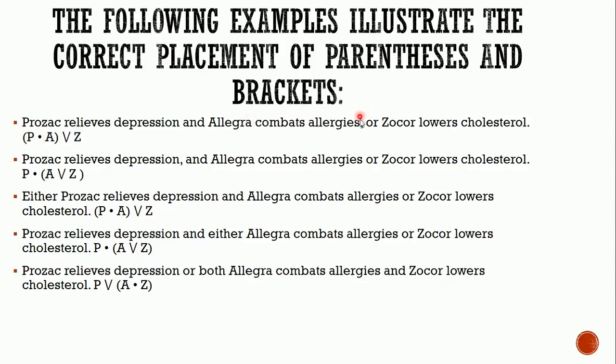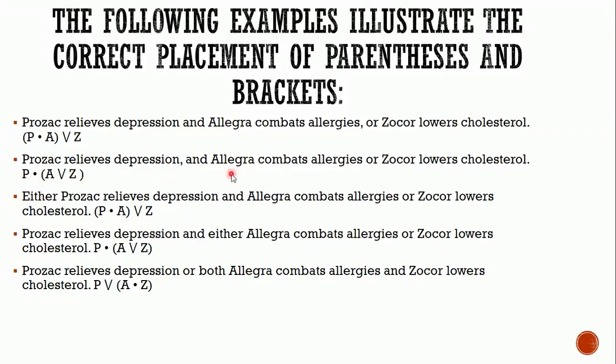And then here's the main operator, or, disjunct, wedge. See that? Prozac relieves depression and Allegra combats allergies, or Zocor lowers cholesterol. Ah, this comma is helpful here, right?